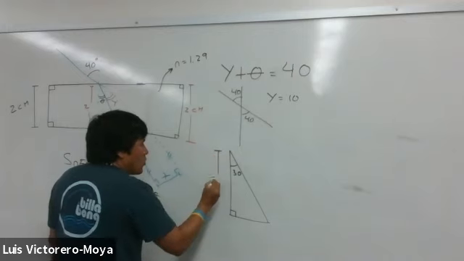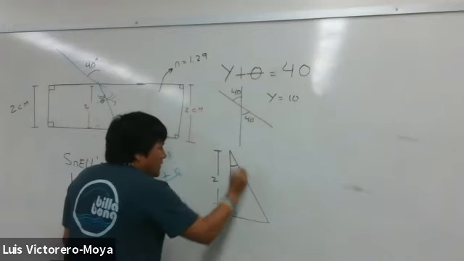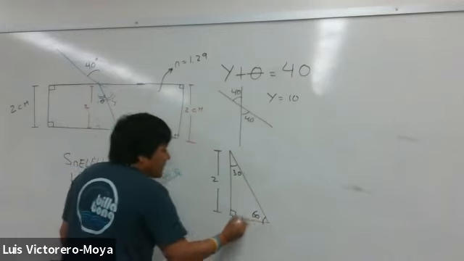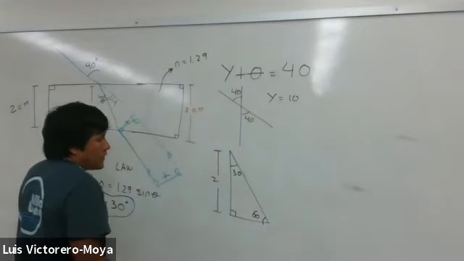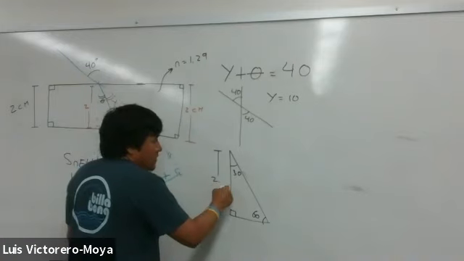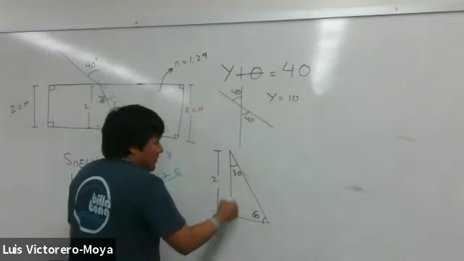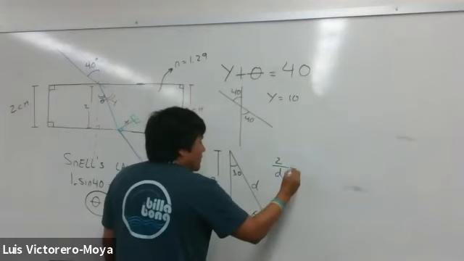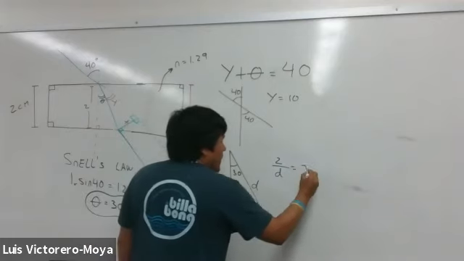This is 2. And I want this side, but this is 60. Right? So you can say that the sine of 60, let's call this D, 2 over D is the sine of 60.